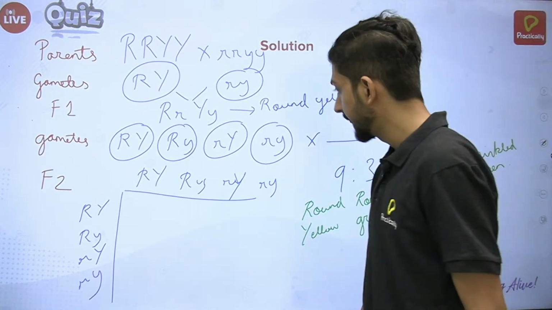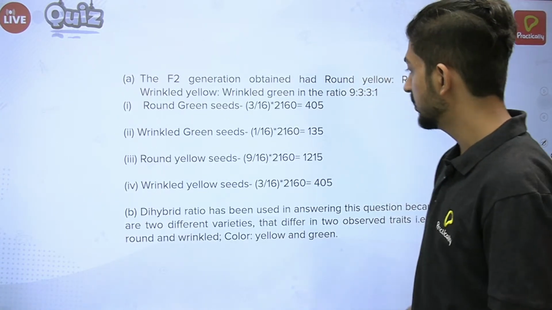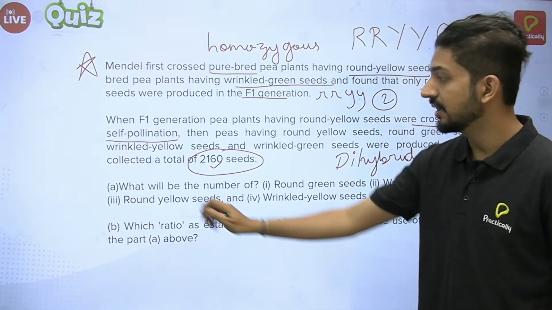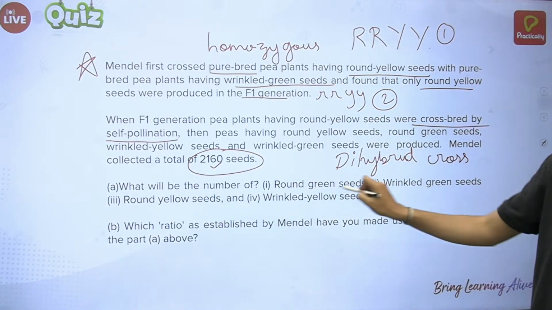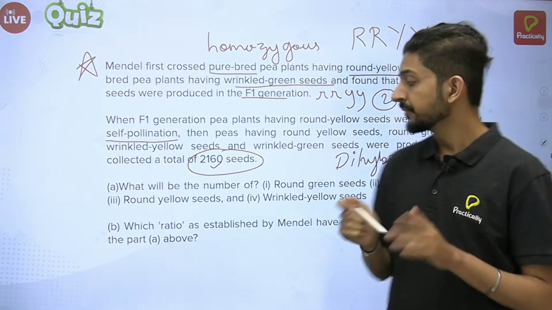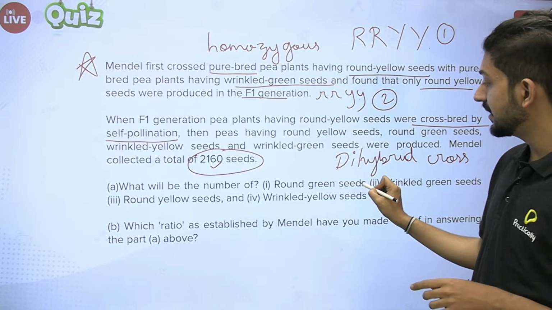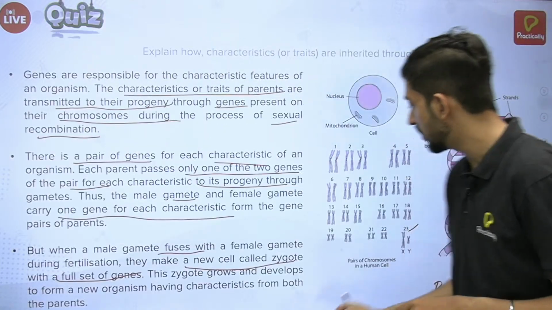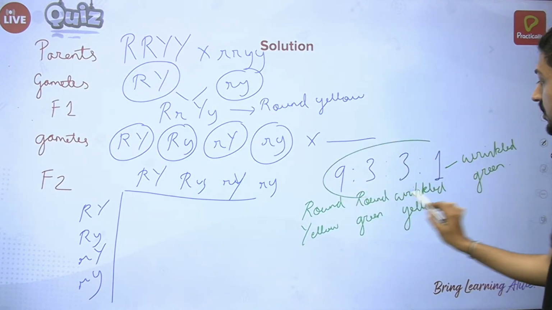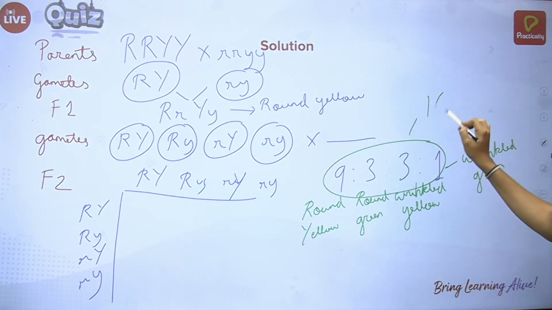Now, based on this, let's solve the question. It's very simple. The first part of the question said, what will be the total number of round green seeds? So, see, we have to use simple mathematics here. If you add up this ratio, 9:3:3:1, it gives 16, right?